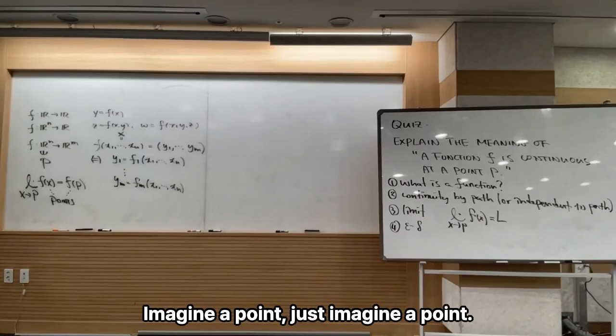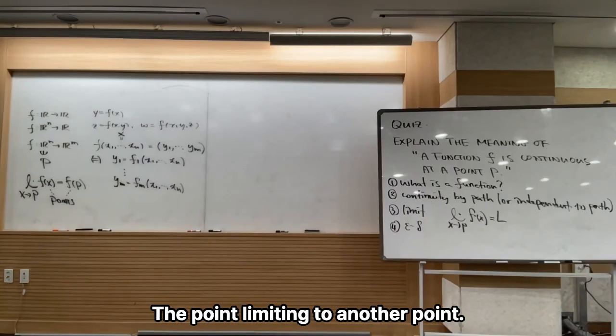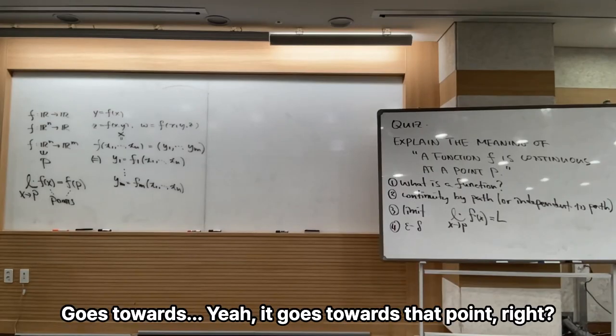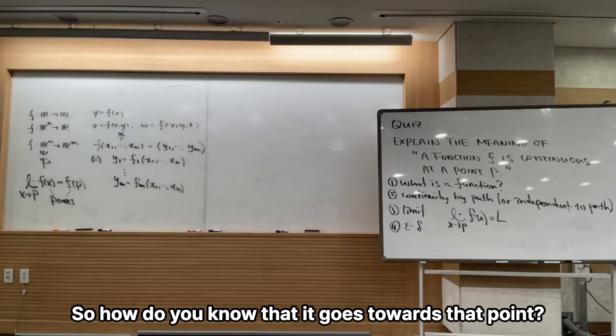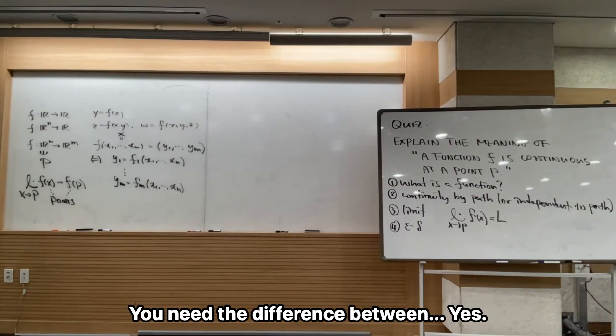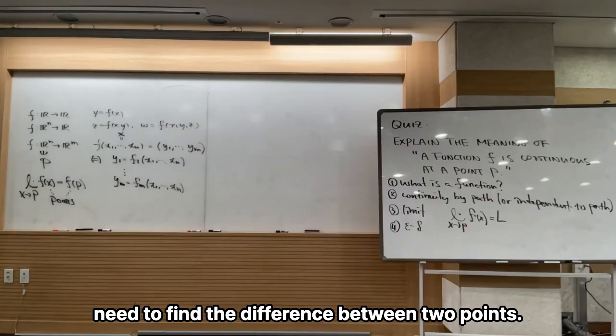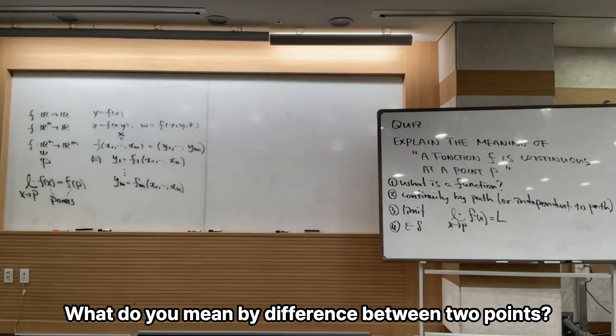So imagine a point limiting to another point. What does that mean? It goes towards that point, right? So how do you know that it goes towards that point? You need to find the difference between. Yes, good work. So we need to find the difference between two points.